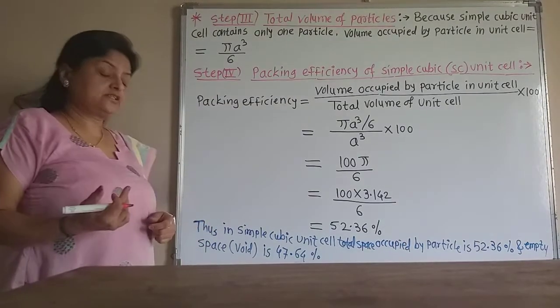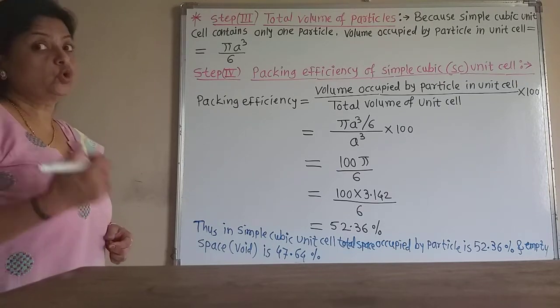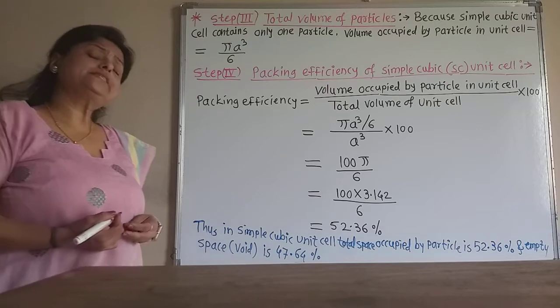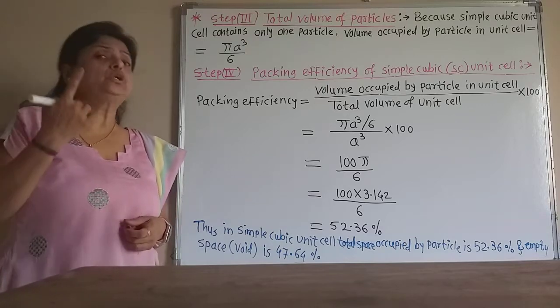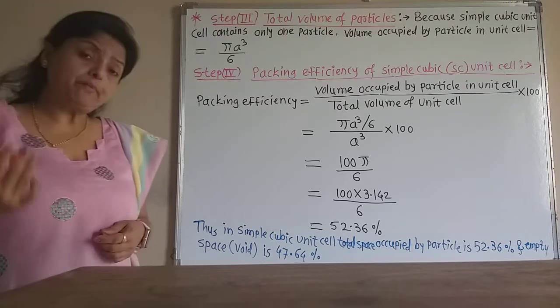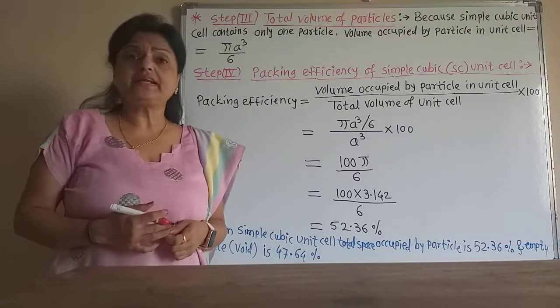In step 3, we have to calculate the total volume of the particle. Now, as in the simple cubic unit cell there is only one particle, the total volume of the particle is the volume of one particle.